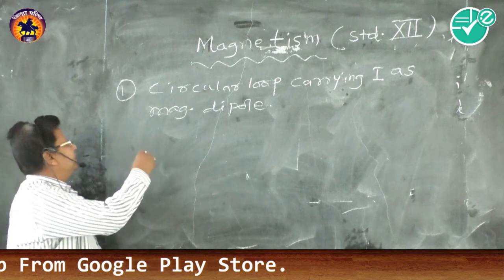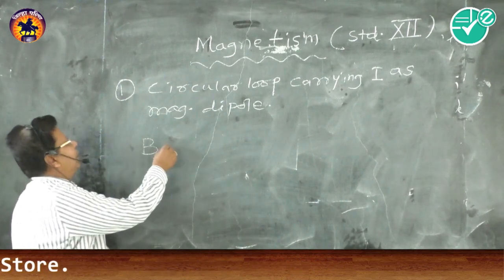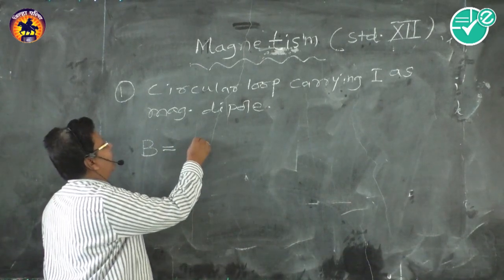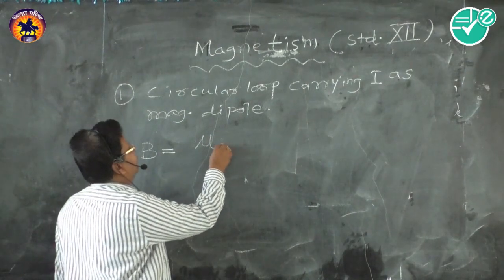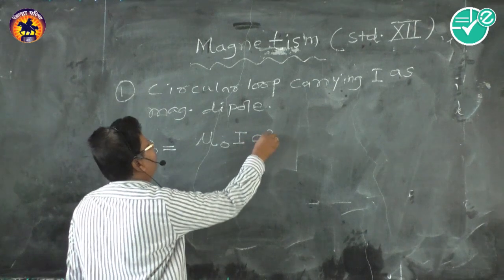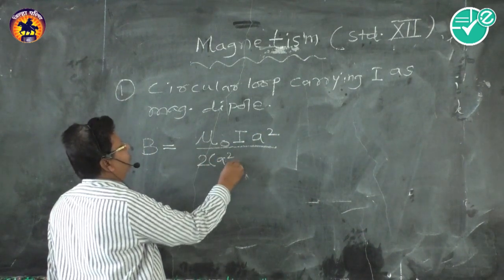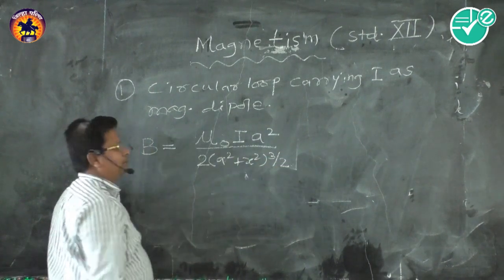As we know, the magnetic induction along the axis of a circular coil carrying a current is given by B is equal to mu 0 I A square divided by 2 into bracket A square plus X square to the power 3 by 2.